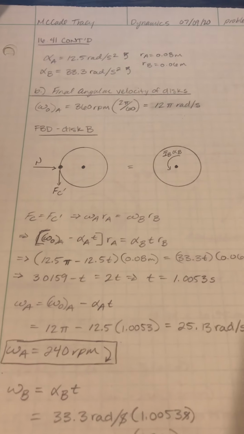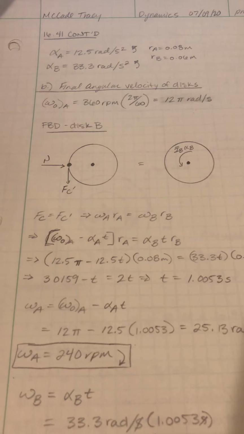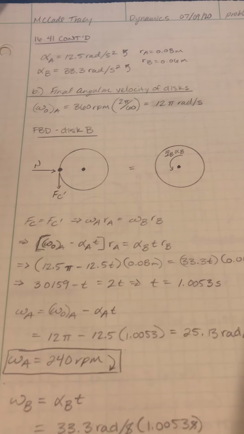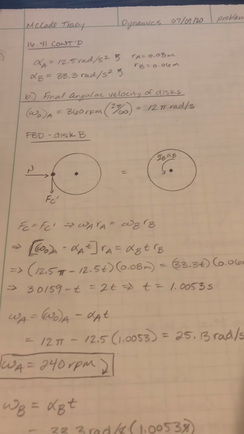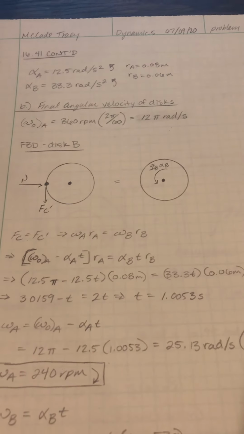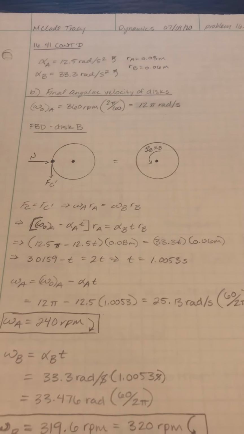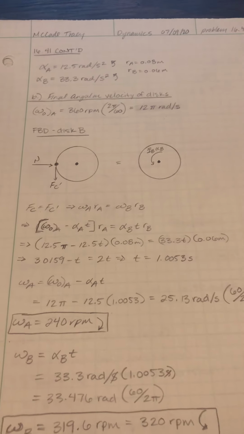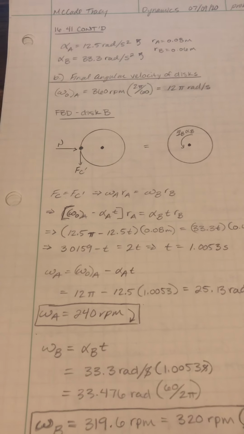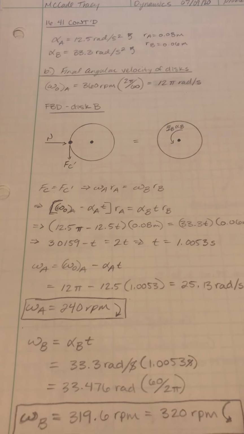So we have omega A is also equal to omega naught at A minus alpha A times T, multiplied by radius at A, equal to alpha B times T times radius at B. Plugging in those things that we know and what we have calculated from part A, we break it down to the equation of omega A equal to omega naught of disk A minus alpha A times time.